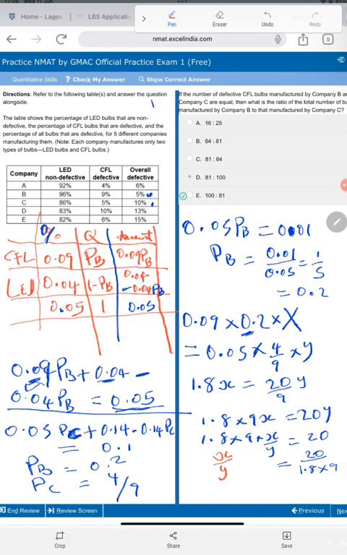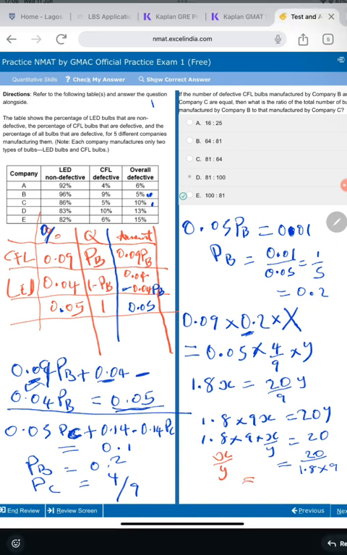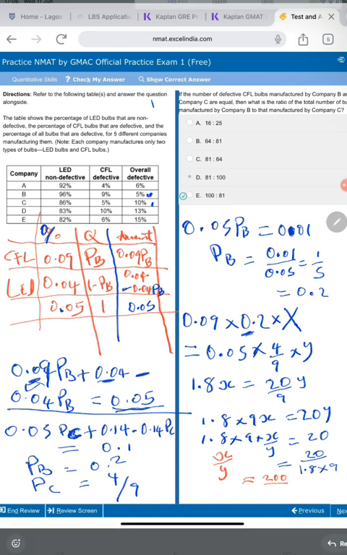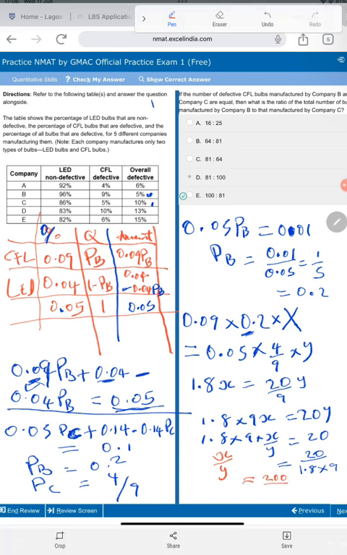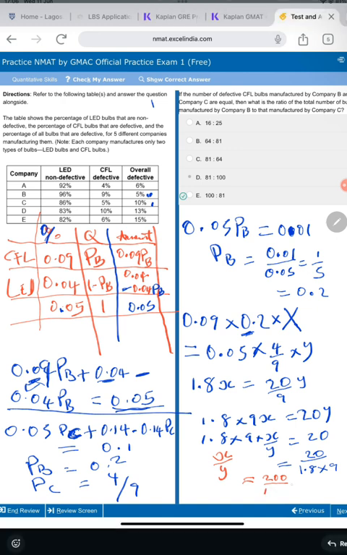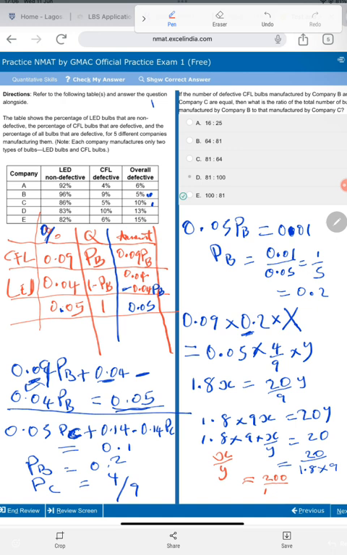But we can reduce this if we multiply the numerator and denominator by 10.